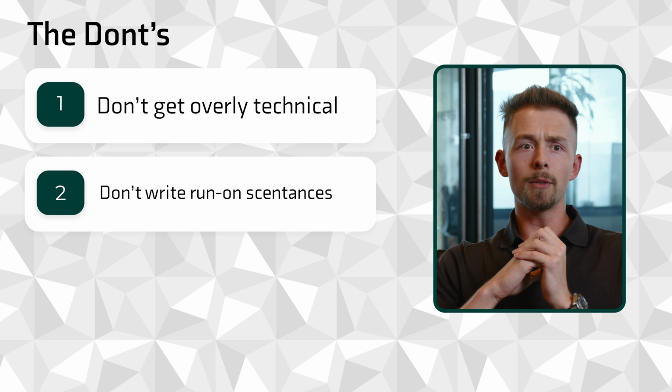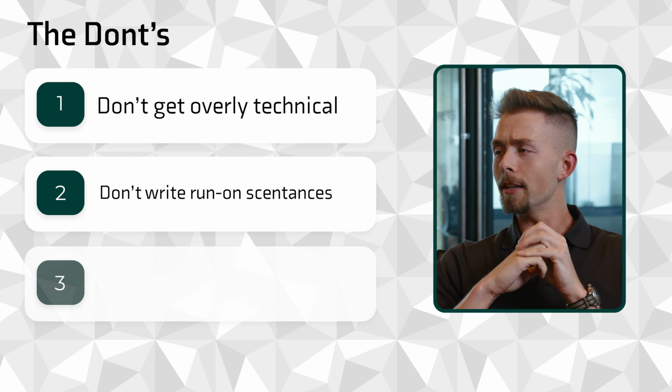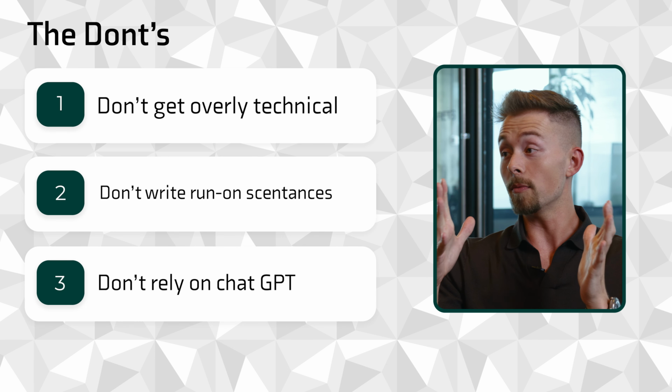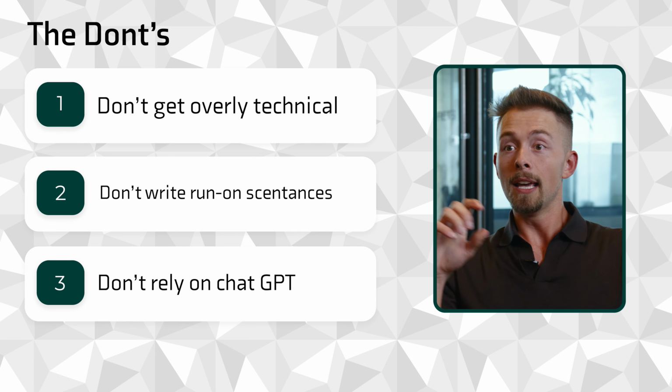And then I think lastly, we've got something on don't rely on ChatGPT. This could also be kind of a hot take, but I know for one, I can really easily pick up when something's written via ChatGPT. And I also think from a searchability standpoint, Google is starting to actually use AI to determine if your content was written by AI.